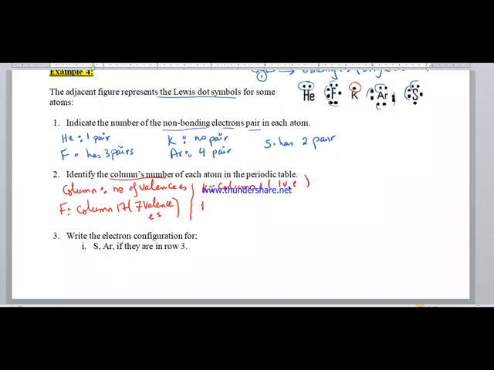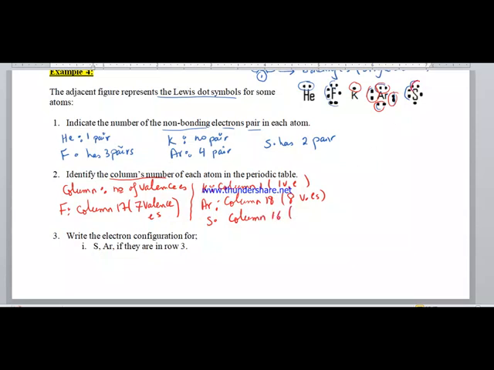Argon, Ar, column 18. We have 2, 4, 6, and 8 valence electrons. We have 8 valence electrons. Column 18. Sulfur, S, column 16.